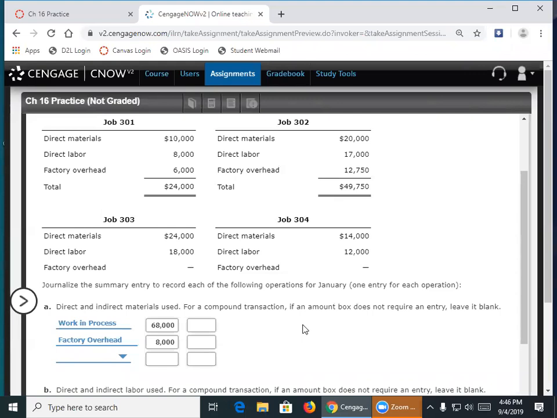And then we would have the job sheets here. All 4 of those job sheets are taken into account, and so we can see where all the direct materials belong. And then you'll see in a minute when a job gets completed, its total cost gets transferred to finished goods.